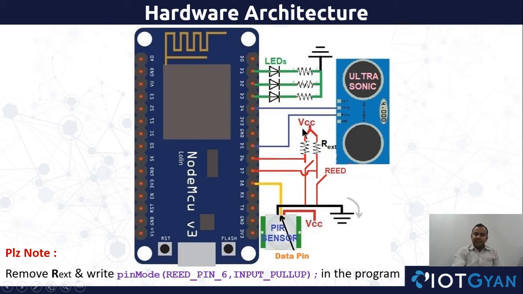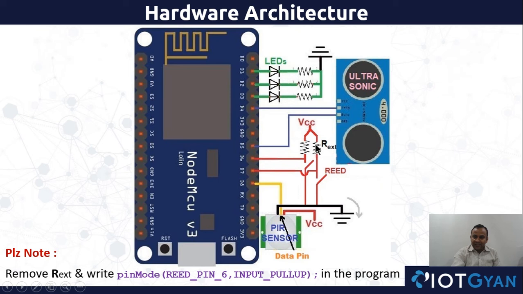First, take a separate 5 volt or 3 volt supply, and connect an external resistor in series with this reed switch. The connection should be such that when this reed switch is open, this 5 volt or 3 volt goes to the D6 pin of my NodeMCU. And the same thing is for my secondary switch.